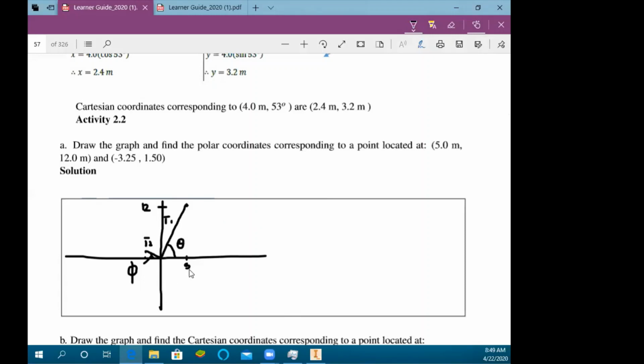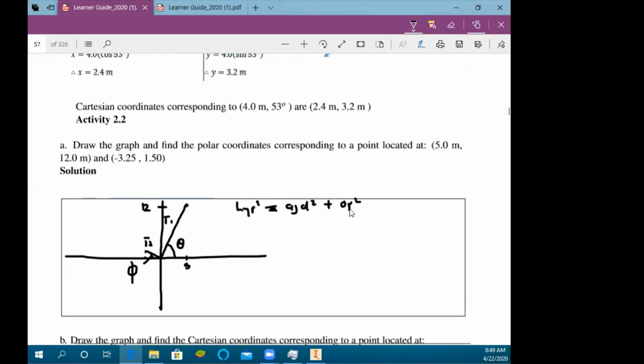So how do you find the hypotenuse given the adjacent and the opposite? According to Pythagoras, hypotenuse squared is equal to adjacent squared plus opposite squared.